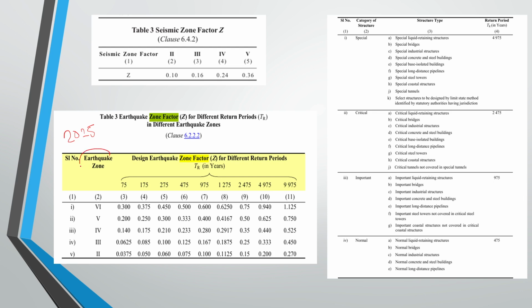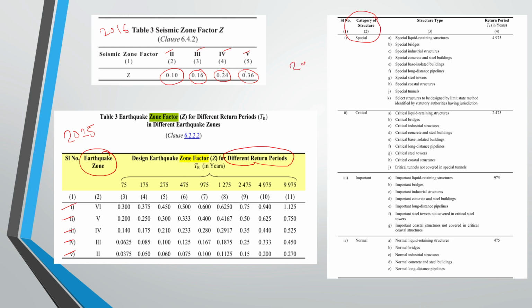Now there are zones. Okay, as I told you, 5 zones are there. Previously in 2016, there were 4 zones, 2, 3, 4, 5, and zone values were there. But now the zone values are also linked with the return period of earthquake, and these return periods depend upon the category of the structure.